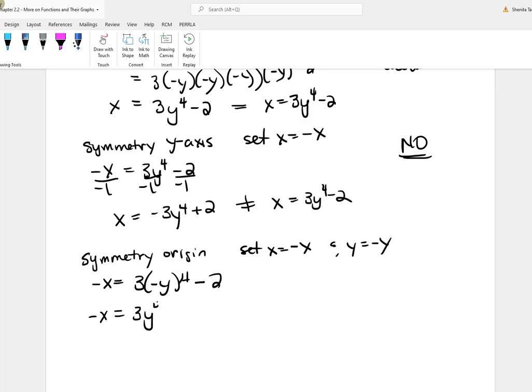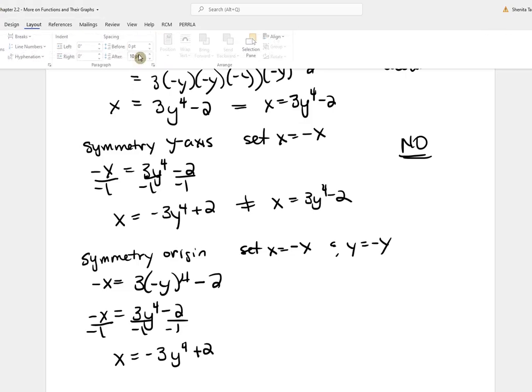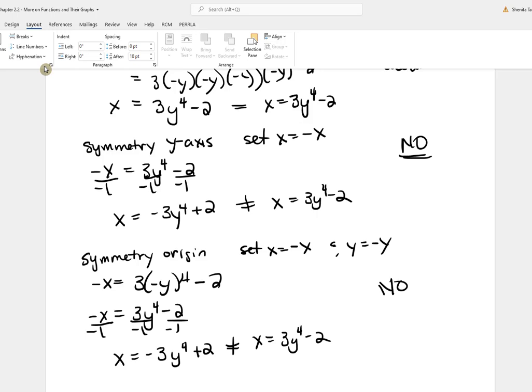We get 3y to the fourth minus 2 with this negative x in front. Divide everything by negative 1. We get x is equal to negative 3y to the fourth plus 2. This is not equivalent to our original problem of x is equal to 3y to the fourth minus 2. So no, it's not symmetric about the origin.